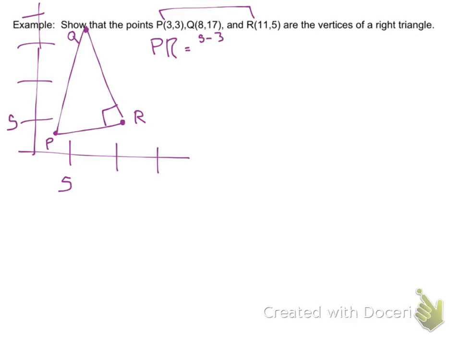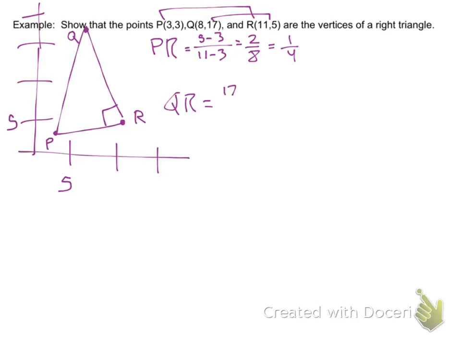So PR, slope between those two. Five minus 3 over 11 minus 3, which is 2 over 8, which is 1/4. Okay, not bad. And then now we need QR.